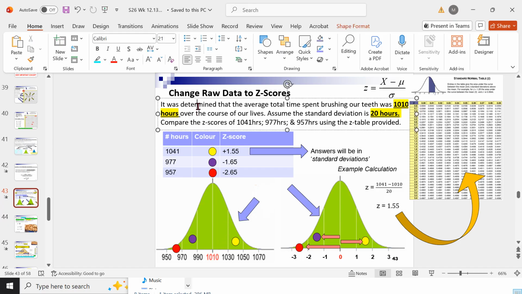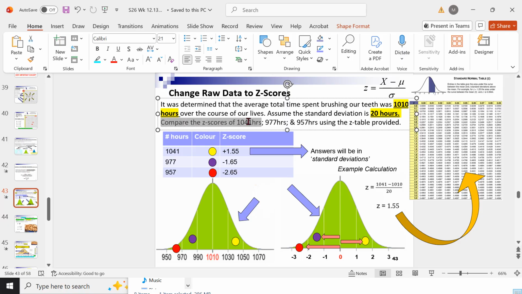It was determined that the average total time spent brushing our teeth was 1,010 hours over the course of our lives. Completely made up. Assume the standard deviation is 20 hours. Well, it is: 110 to 130 to 150, you can see it's 20. The standard deviation is 20, with a mean of 1,010.